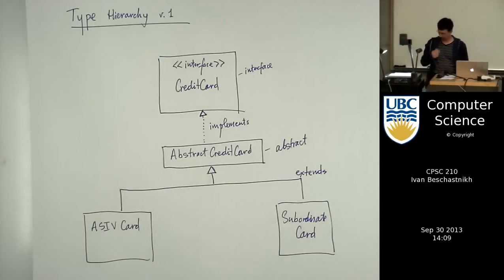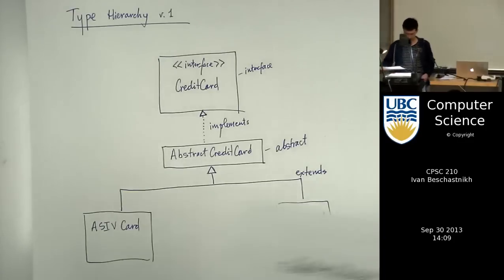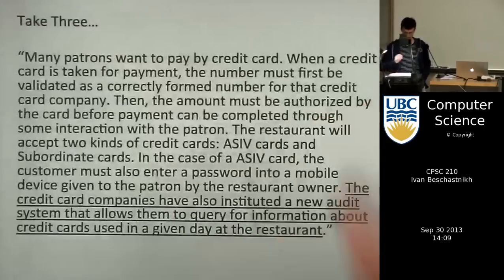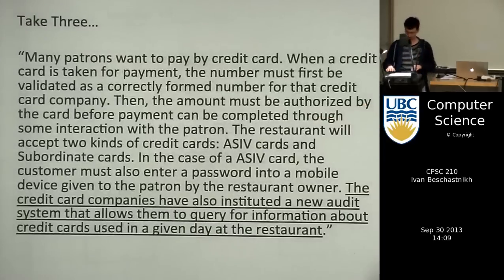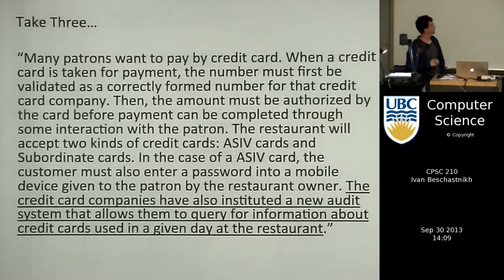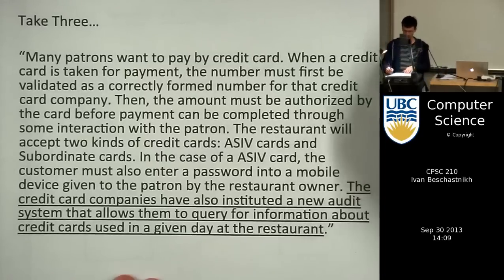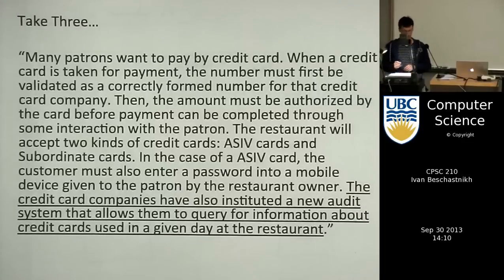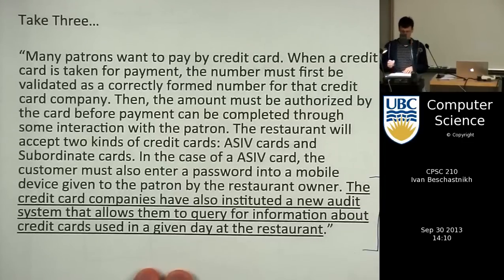Great. So now we'll introduce some new concepts just to motivate these. Let's say that we have this long blurb of text again. So let's say our specification, basically what we need to do in the system, changed. So this is our old spec, and our new spec includes some new stuff at the bottom here, which is underlined.